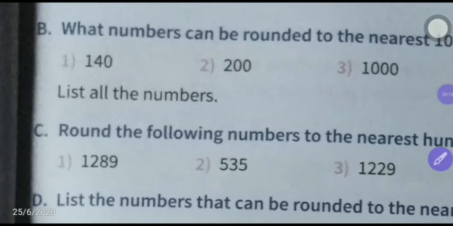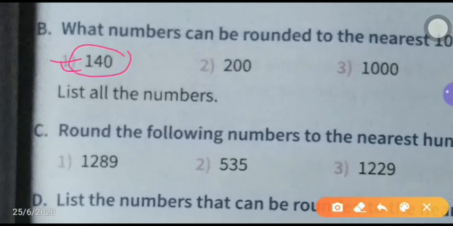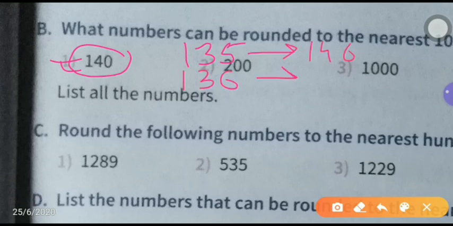First one, you see 140. That means which numbers, when we round off, we have to move to 140. So you have to make a list. First one, if you write 135, if you round off you have to write what? 140. After that, 136, you have to round off as 140.